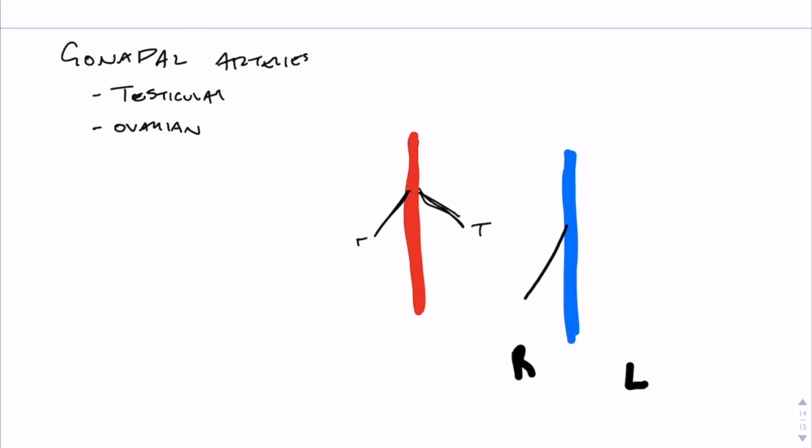On the left side, we have this, which is headed to the kidney. That testicular vein on the left side goes into the renal vein first, and then the inferior vena cava.